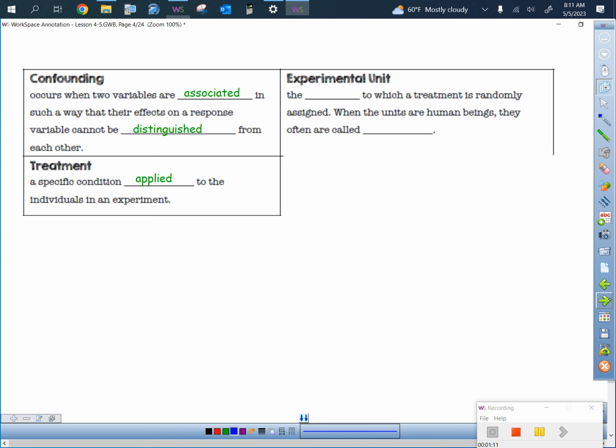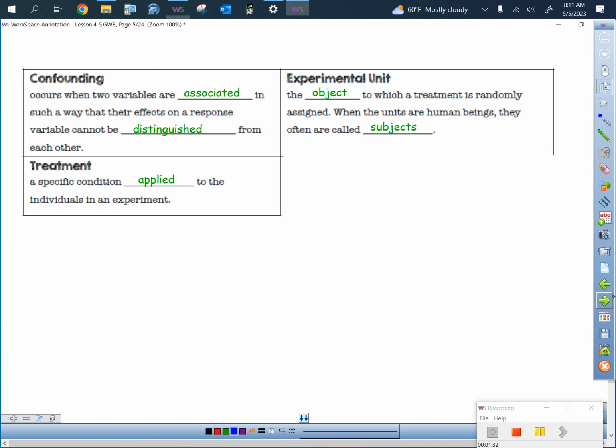A treatment is a specific condition applied to the individuals in an experiment. That's like how you treat people. If you're going to do an experiment, the treatment in our little video was the whiff. How that was applied, that was the treatment, and they pumped them up and told them all this stuff. And then the experimental unit is the object to which the treatment is randomly assigned. Whatever you assign that treatment to, that's the experimental unit.